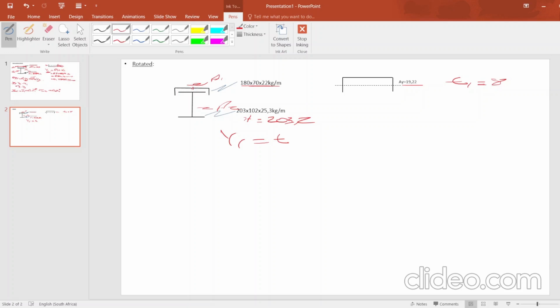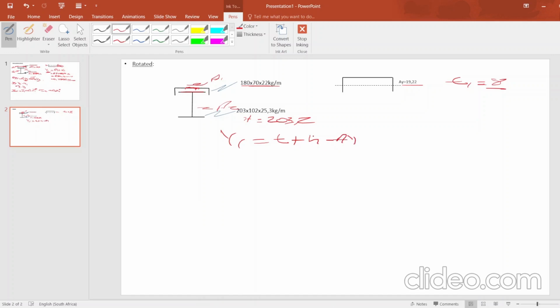Can you see that? Hence, it will be the thickness of the eye profile, which is 8, plus the height of the eye profile minus the AY of your channel.